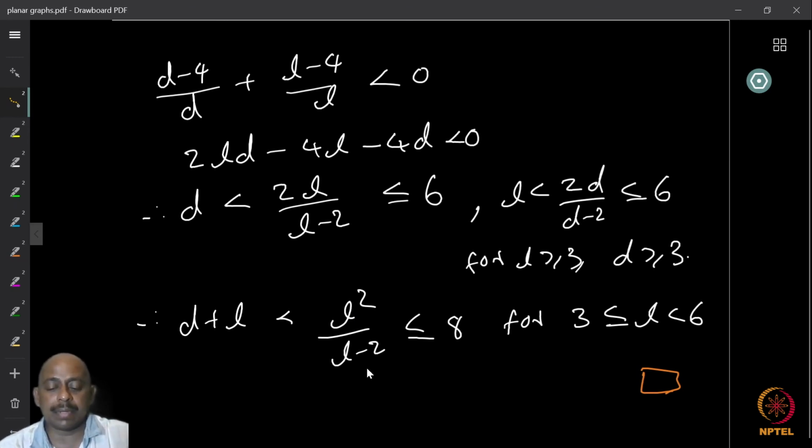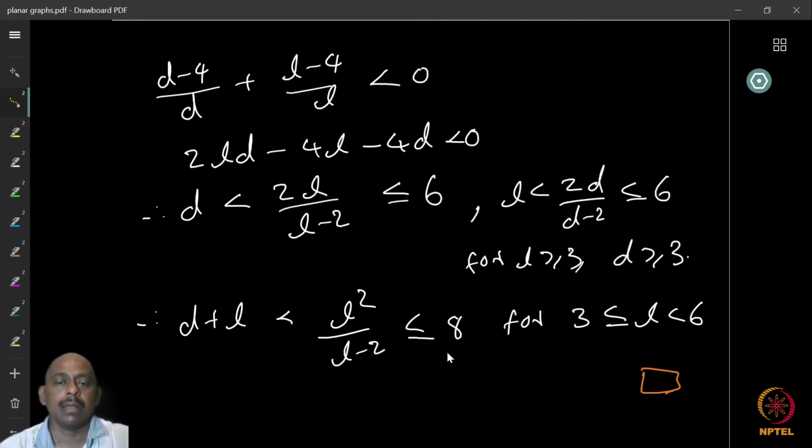But we know that L is at most 6 and at least 3, and if you substitute that for L square by (L minus 2), you will see that D plus L is less than or equal to 8. And that is it. So we have proved that for all the corners whose charge is negative, this inequality is true. And since there is at least one corner whose charge is negative, we get that you can find such a pair of vertex and face incidence.